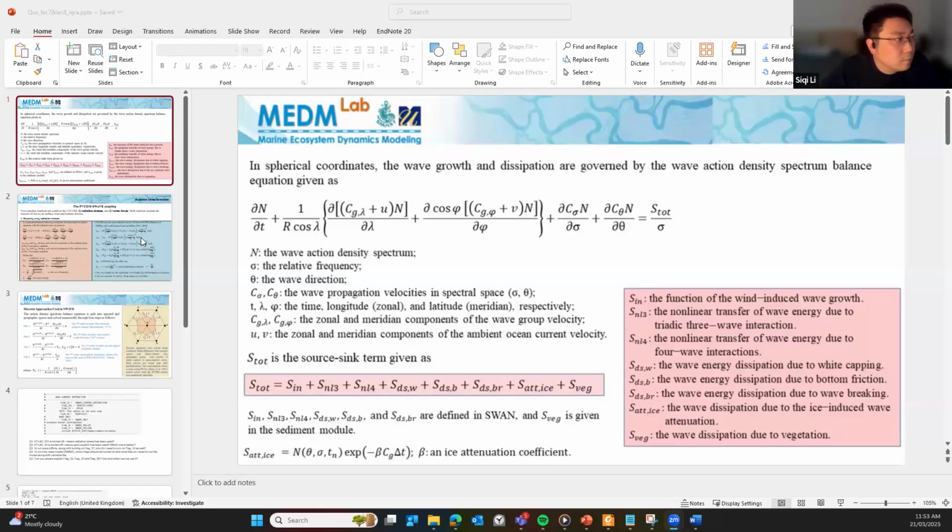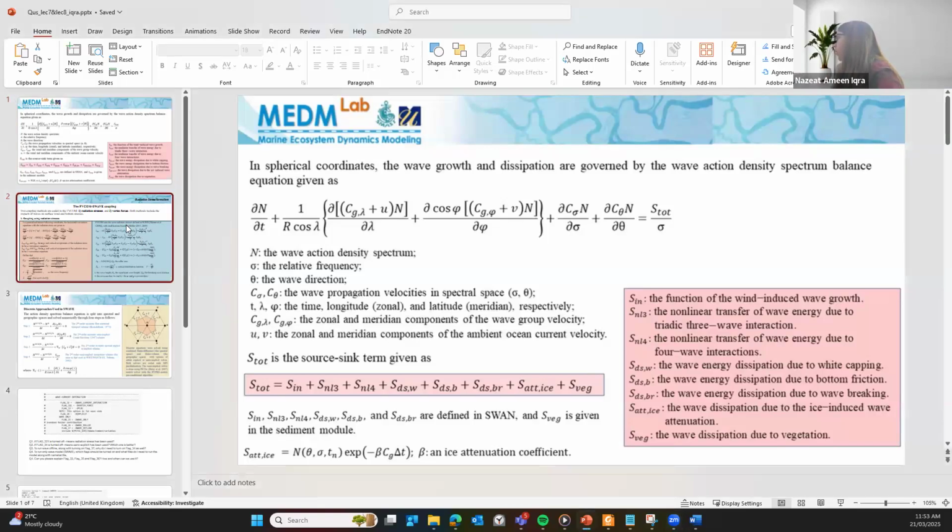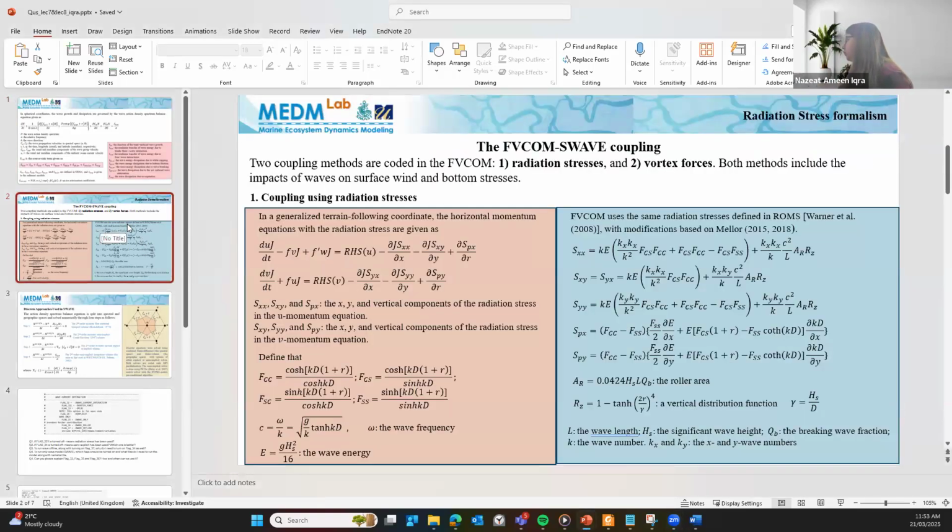So first I want to direct some slides. The first one is about the density equation, and in the lecture it mentioned that wave-current interaction has two ways to calculate the stress: one with the radiation stress, and one with the vortex stress.